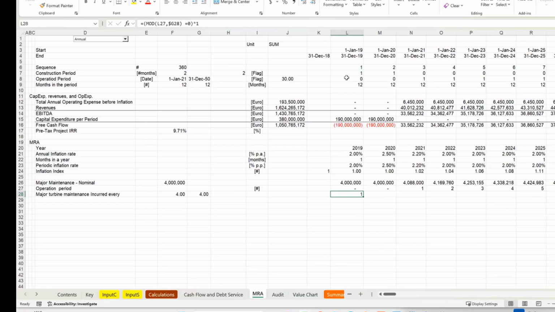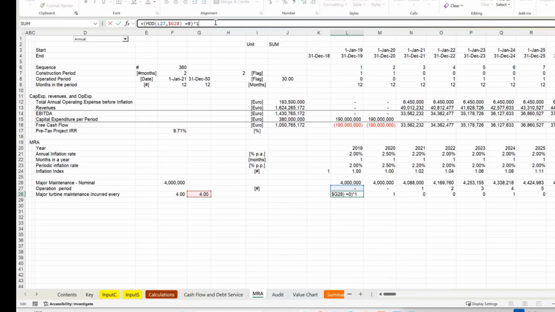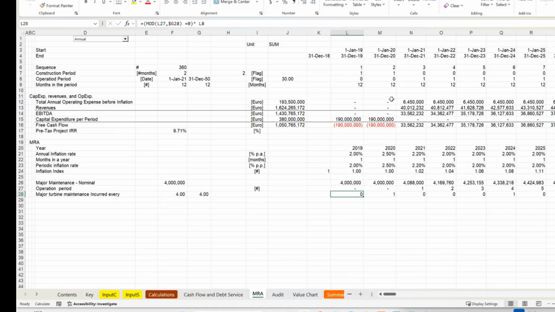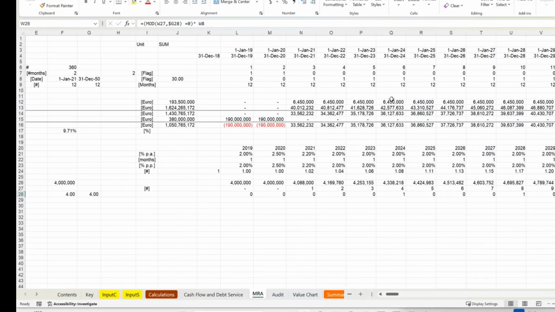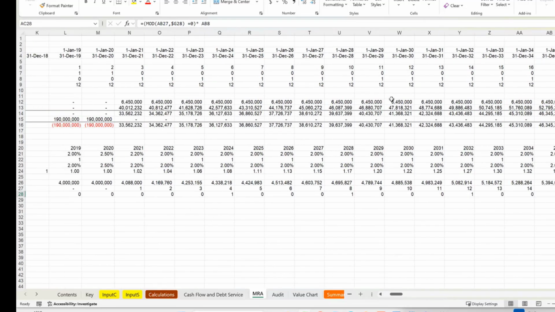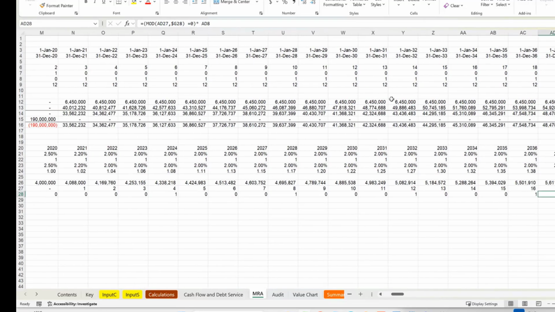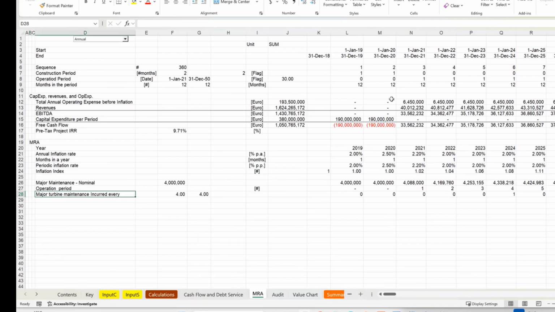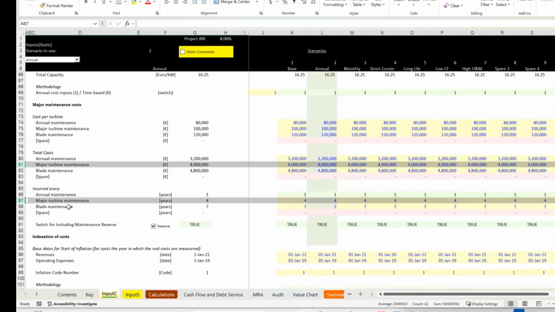we're also going to have to multiply that by the operation flag. Good. And if we would change, can you go to input C and change that to every 5 years instead?